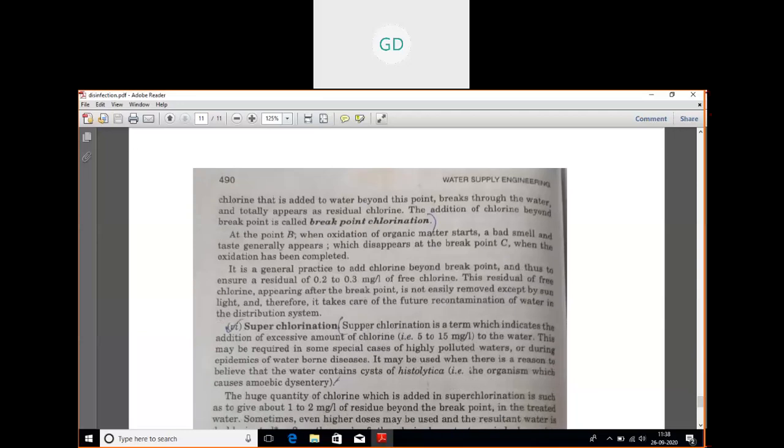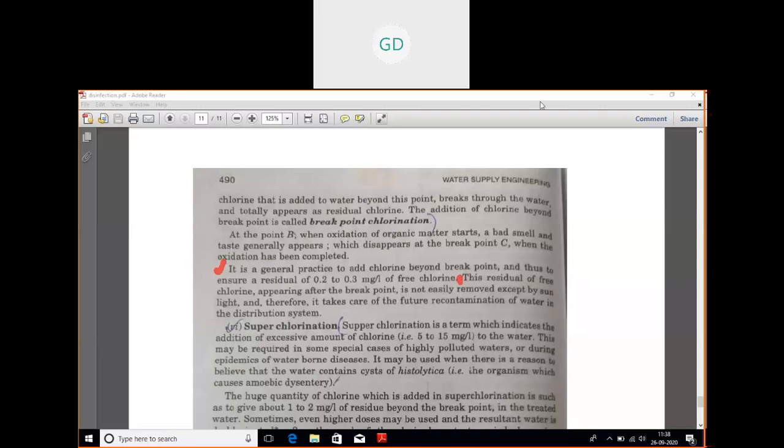It is a general practice to add chlorine beyond breakpoint, and thus to ensure a residual of 0.2 to 0.3 milligram per liter of free chlorine. So the dose of chlorine for breakpoint chlorination is such that it leaves a residual of 0.2 to 0.3 milligram per liter.